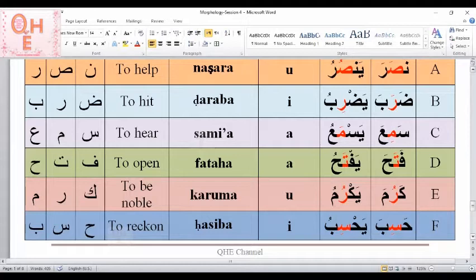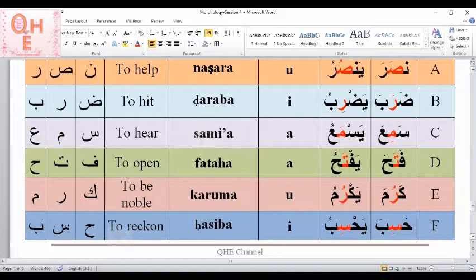Next combination of root letters. Ha, sin, ba. If I plug in ha, sin, ba, it will give me the transliteration hasiba with a special H. That special H with A tells me this is ha fatha, S for sin, and I have an I right after S that tells me sin kasra, B for ba, then I have an A next to B that tells me ba fatha.